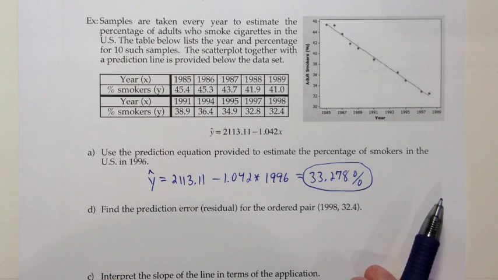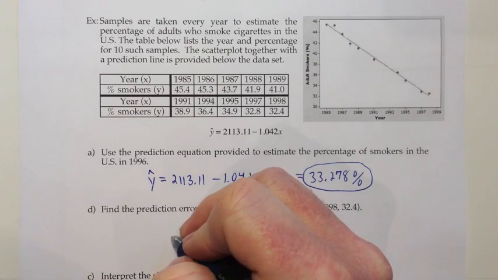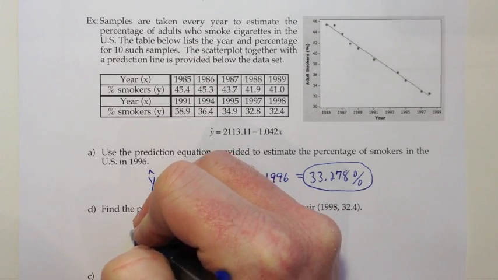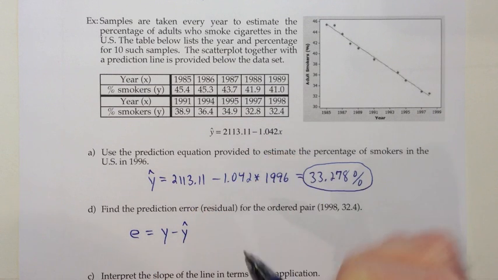And then next, they ask us to find the prediction error, or residual, for the ordered pair 1998, 32.4. When you want to do prediction error, what we always do, we'll label that with a little e, and that's always y minus y hat, where y would be the y-coordinate of an actual piece of data that we're interested in the error for, and y hat would be the prediction or predicted value from the equation.